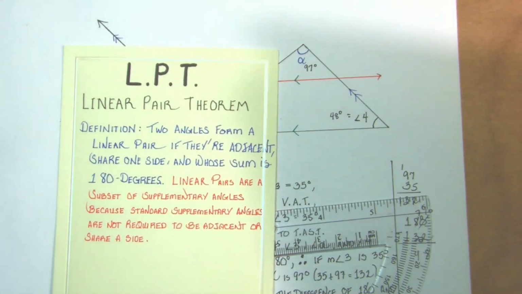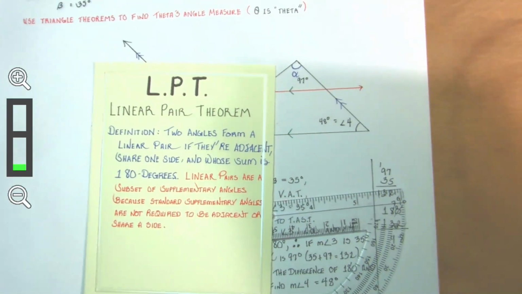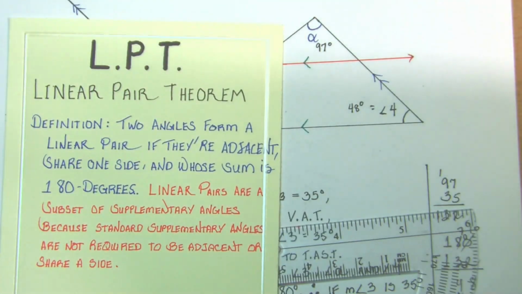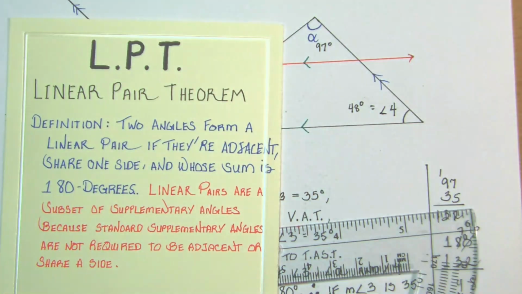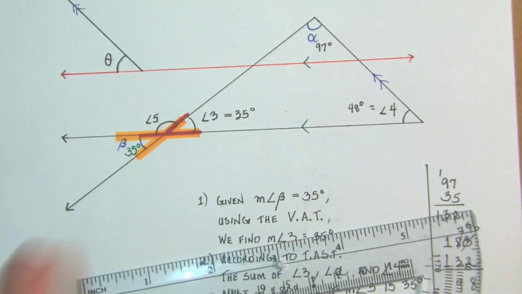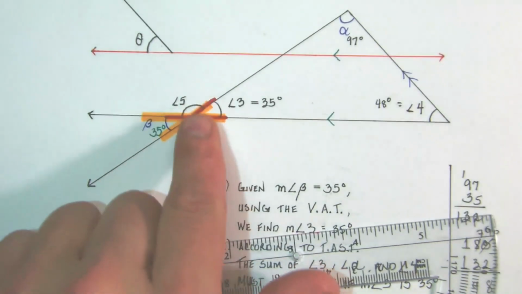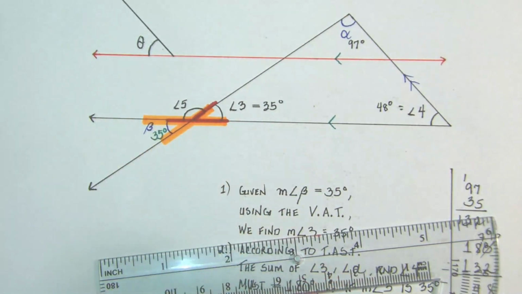Okay, let's take a look at this. Two angles form a linear pair if they're adjacent, share one side, and whose sum is 180 degrees. They're supplementary angles. Are these supplementary angles? Measure of angle 5, let's say angle 5 and angle 3, are indeed supplementary because the sum of the two angles will be 180 degrees.